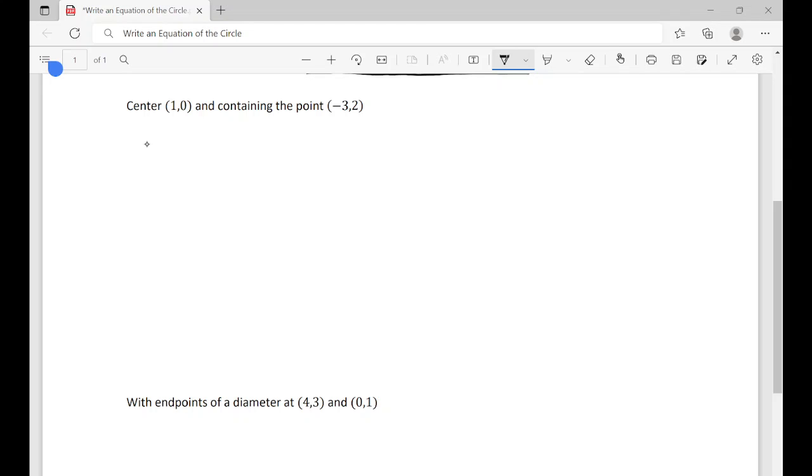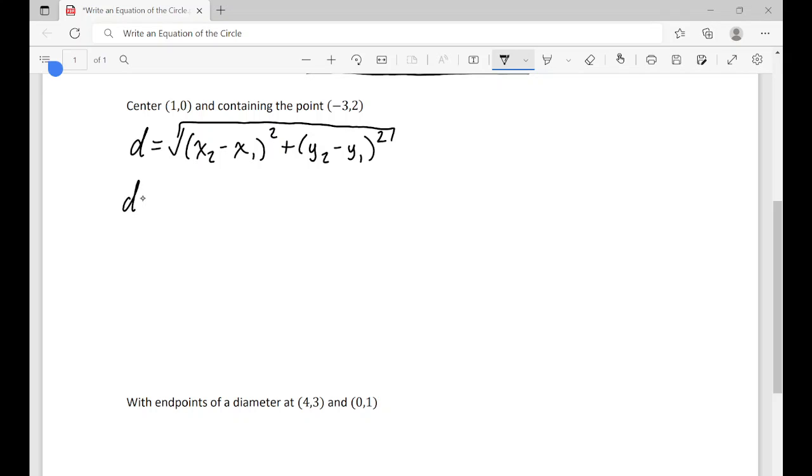So for my distance formula, d = √((x2 - x1)² + (y2 - y1)²). I'm just going to plug in my points to get the distance. So I'm going to get √((-3 - 1)² + (2 - 0)²). Now just do the arithmetic on the inside.